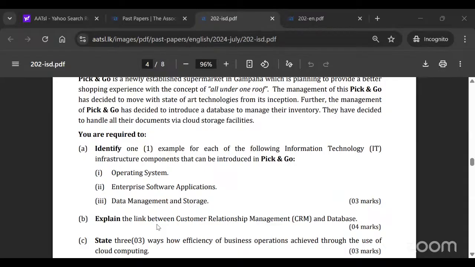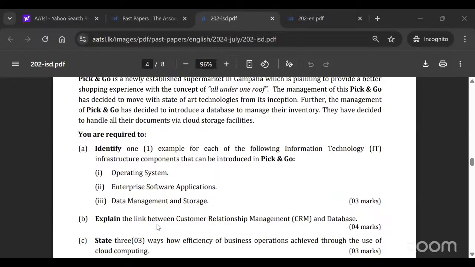Cloud computing reduces the need to invest in and maintain expensive hardware and infrastructure. It operates on a pay-as-you-go model. You do not have to pay the entire amount; you pay for what you have used. The supermarket only pays for the services it uses, reducing capital expenditure and operational costs.